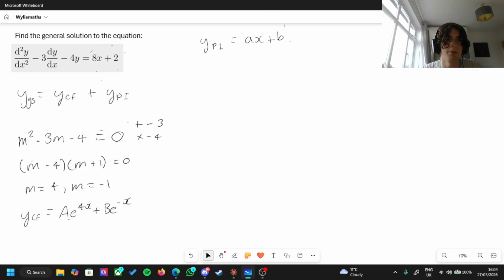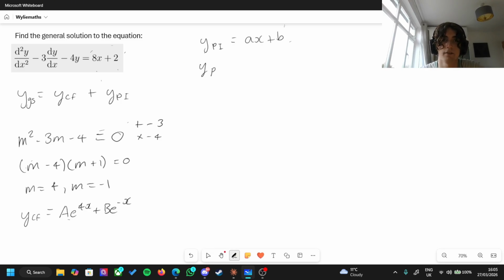Now what do we actually do with this? Well, we're going to substitute it in. This is almost a solution to our equation, because we want to know when this equation is equal to 8x + 2. So we're figuring out an example of an answer to our differential equation. We have our y answer, ax + b, but we need our dy/dx and our d²y/dx².